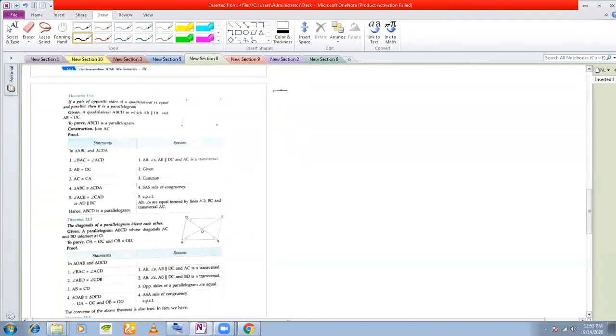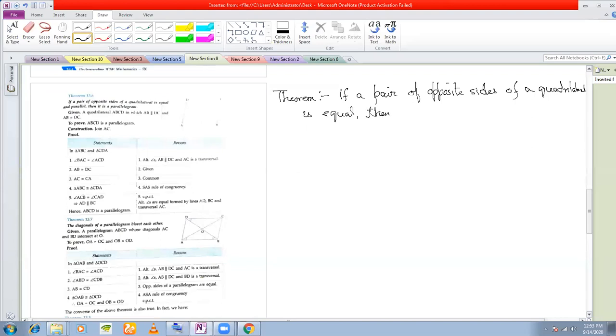Theorem. The statement here is, if a pair of opposite sides of a quadrilateral is equal, then it is a parallelogram.